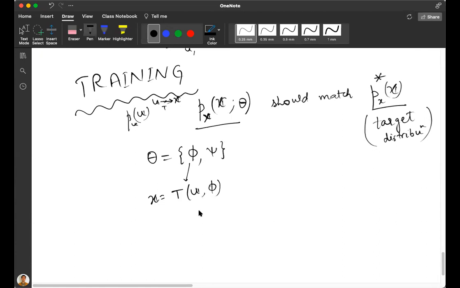Does that make sense? Where phi are the parameters of T. Let me put it like a semicolon so that you are clear that these are the parameters, right? And this psi can be parameters of u. Let's say I want to keep my u also a trainable distribution.